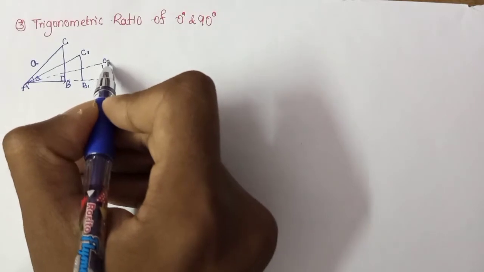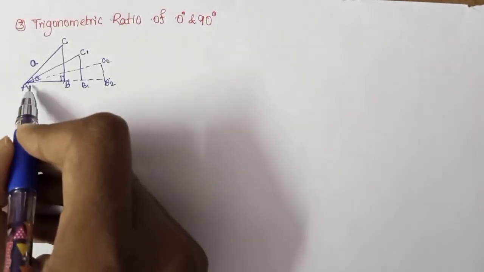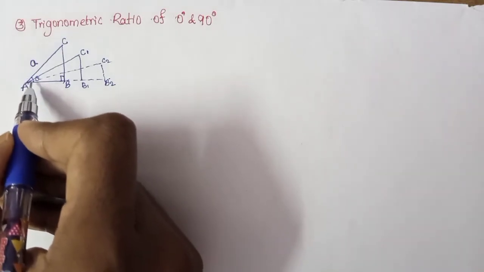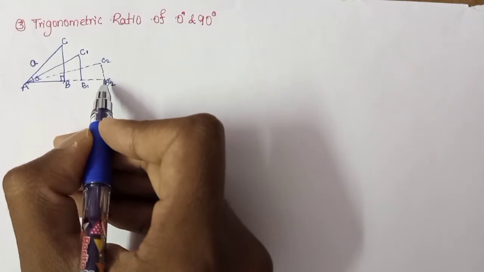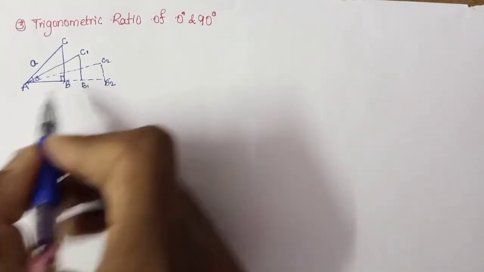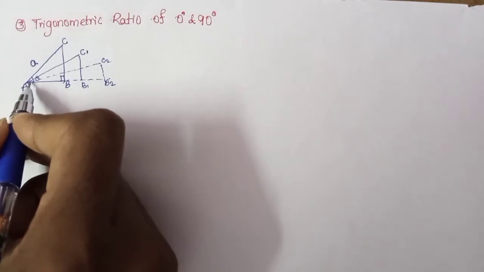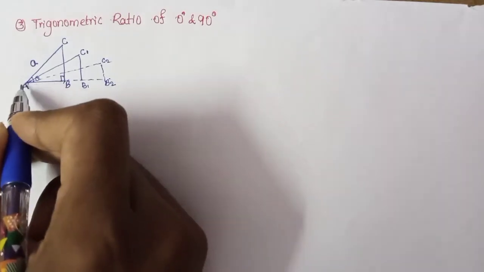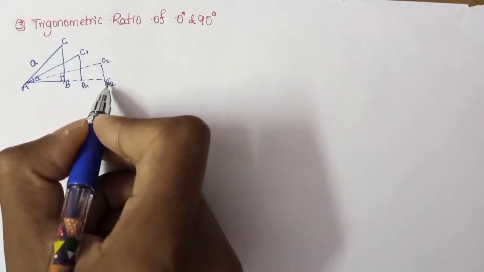Let's say this is C2 and this is B2. That means if you make this angle smaller and smaller, AC approaches this side, and when theta is equal to 0, the AC line exactly coincides with the AB line.